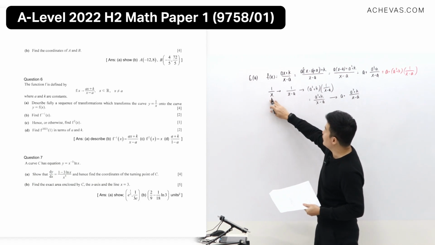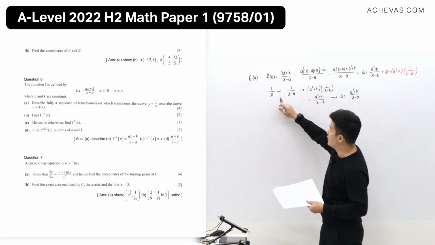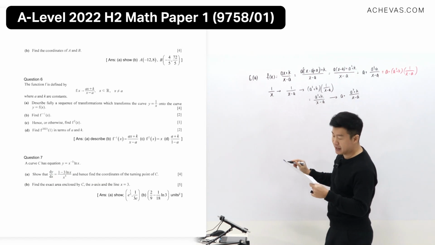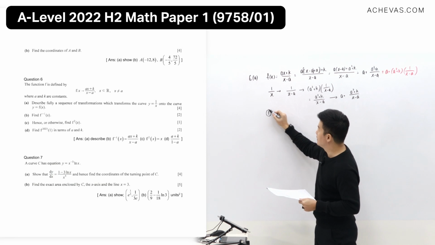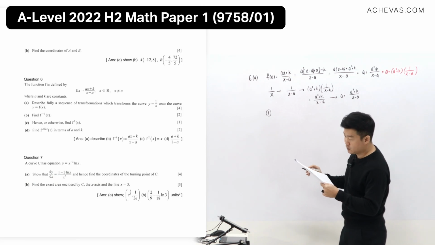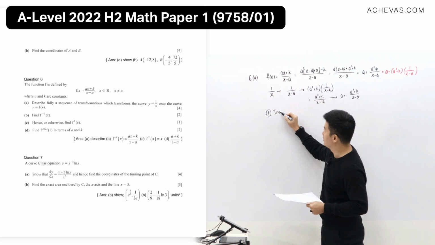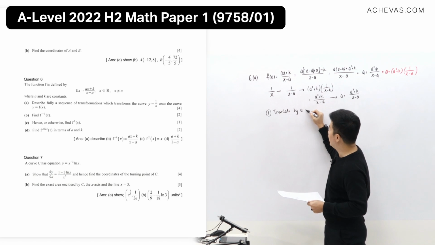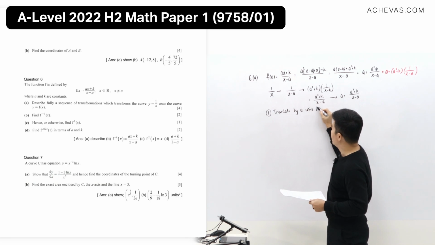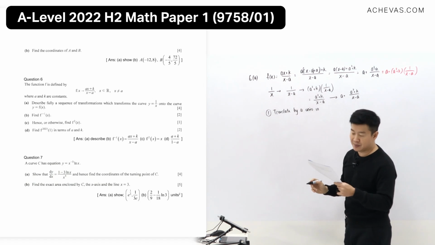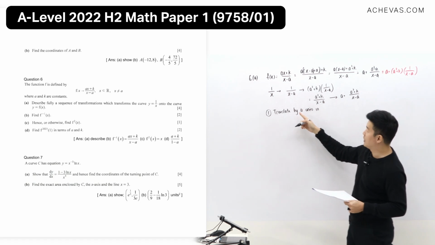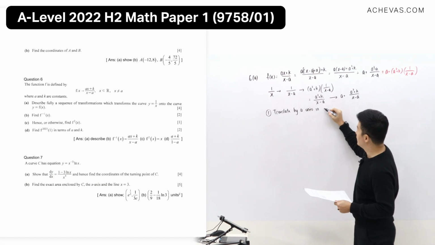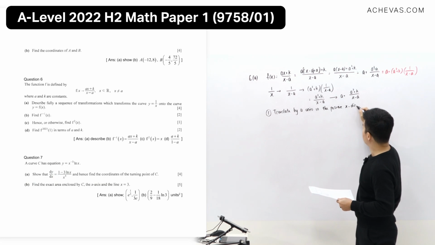Because from here to here, we replace x by x minus a. So the first transformation is going to be a translation, right? It is going to be a translation by a units in replacing x by x minus a. So we are translating by a units in the positive x direction.